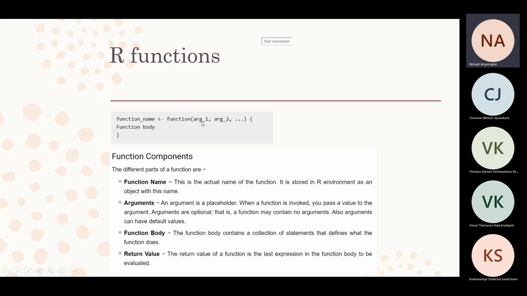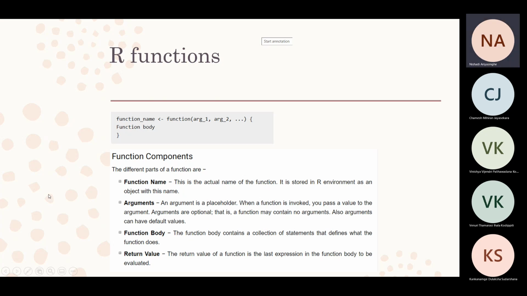You can have an argument list, same as any other programming language, and inside the curly brackets you can write the function body, right? So the function name, the keyword function, the argument list, and the function body. That is the basic structure of a function in R.